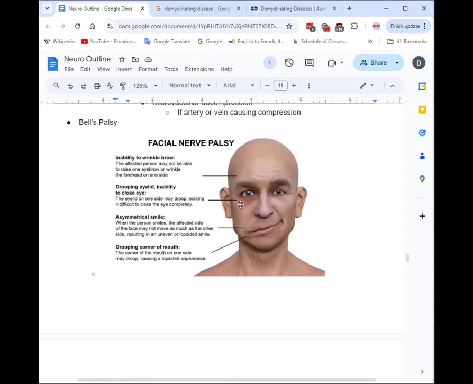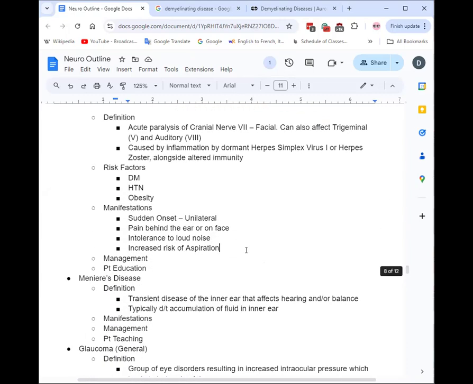Signs include a drooping eyelid, inability to wrinkle your brow, and a smile that won't be all the way there. Those are probably the main things to think about. Just know there's pain, and know there's aspiration risk.